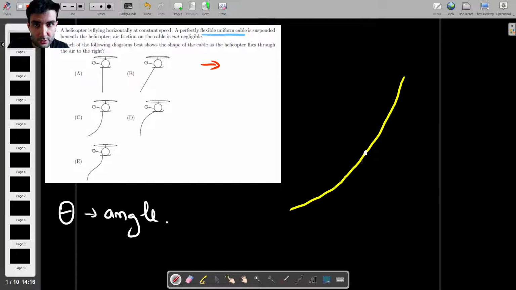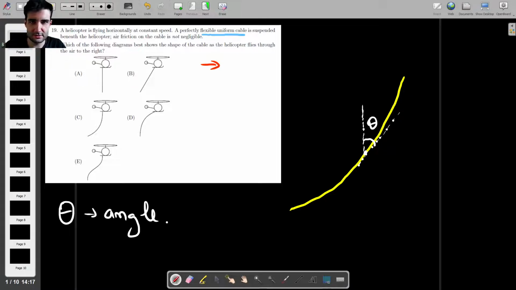So I'm going to define theta, which is an angle, and the angle theta is this angle. So at any point on the cable, I'm allowed to draw a tangent to that particular location, and the angle between that tangent line and the vertical to that point is what I will call theta from now on, okay? And what I'll then do is I'll just consider a section of that cable, okay?